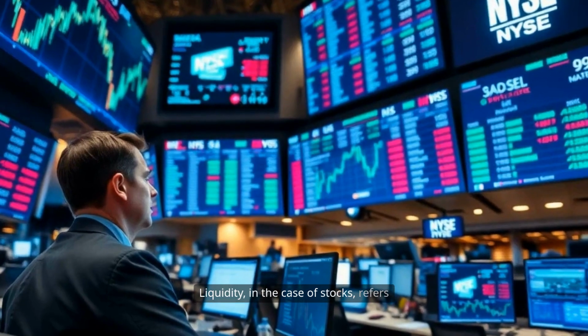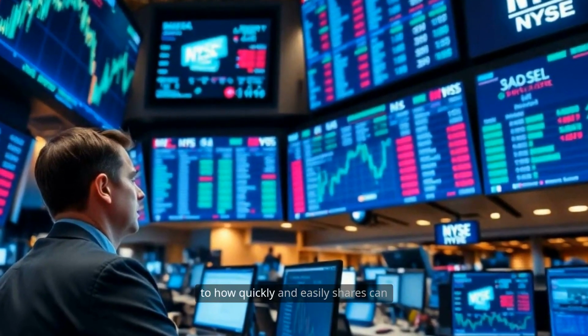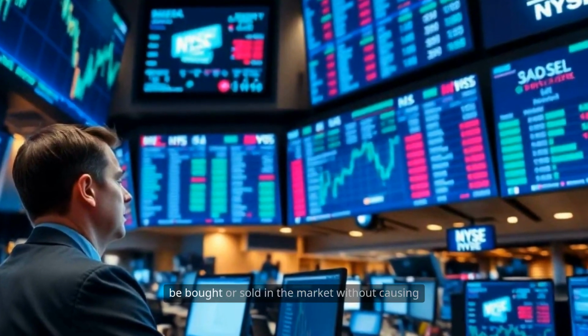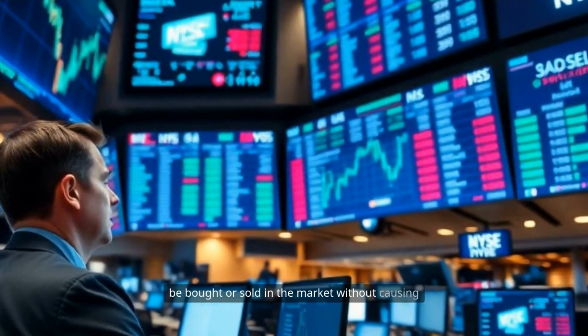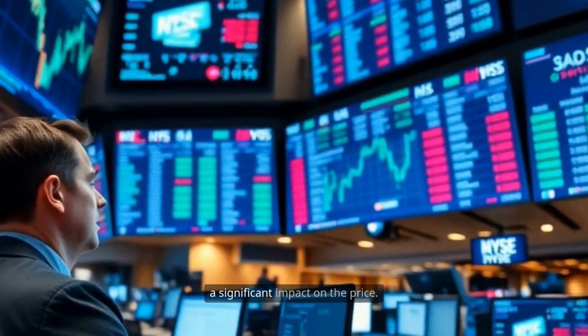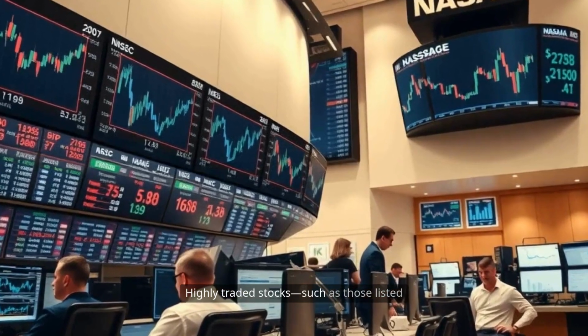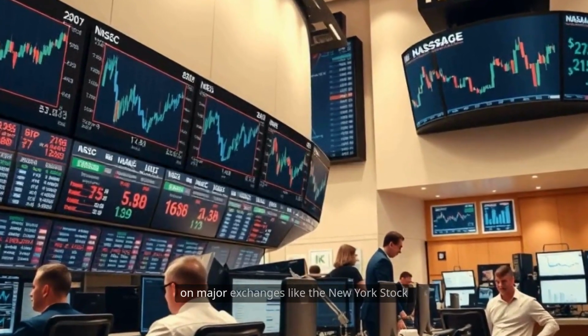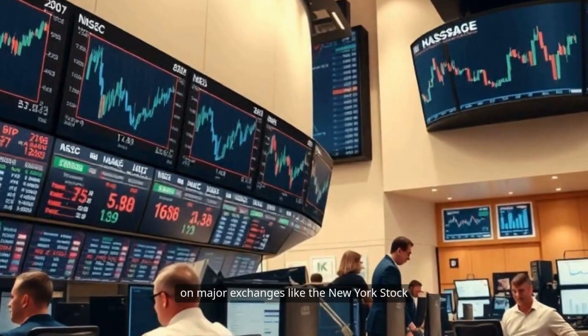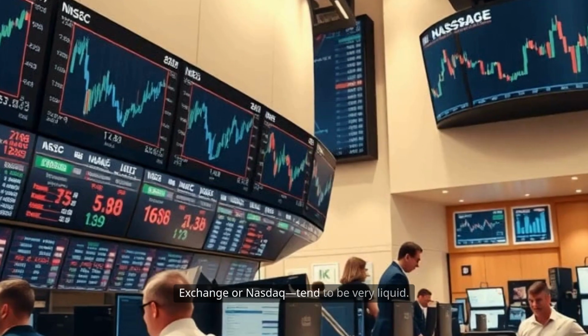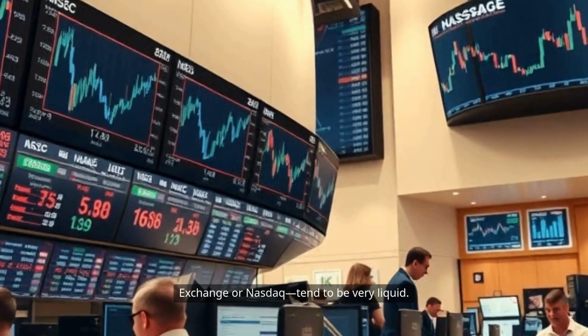Liquidity, in the case of stocks, refers to how quickly and easily shares can be bought or sold in the market without causing a significant impact on the price. Highly traded stocks, such as those listed on major exchanges like the New York Stock Exchange or NASDAQ, tend to be very liquid.